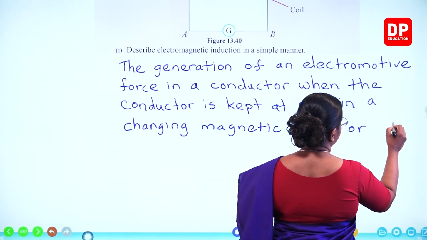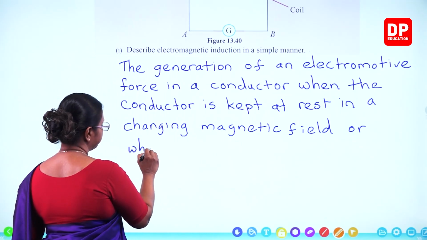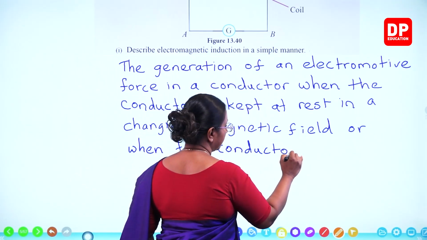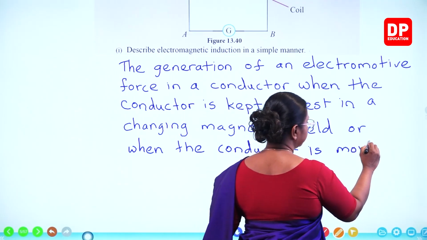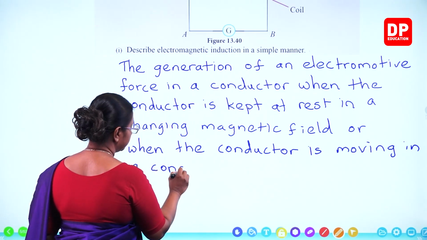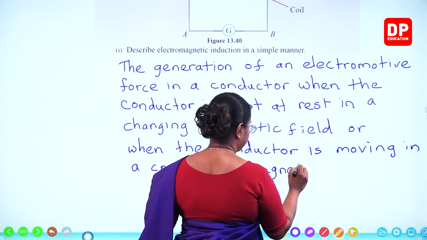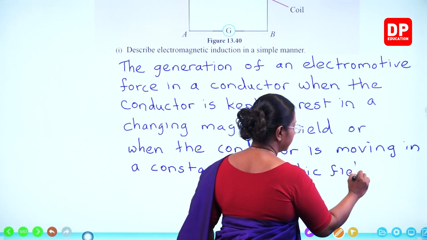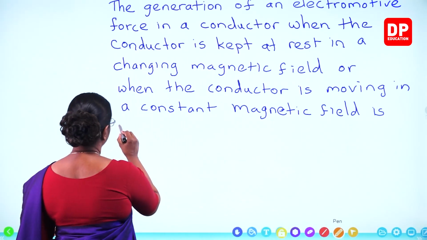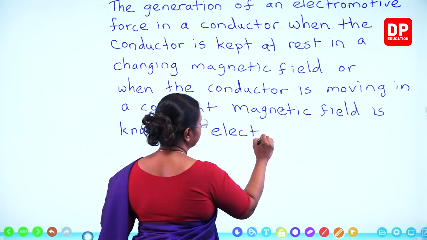Or we can say, when the conductor is moving in a constant magnetic field, is known as electromagnetic induction.